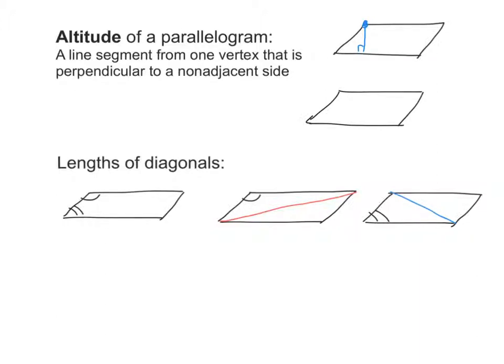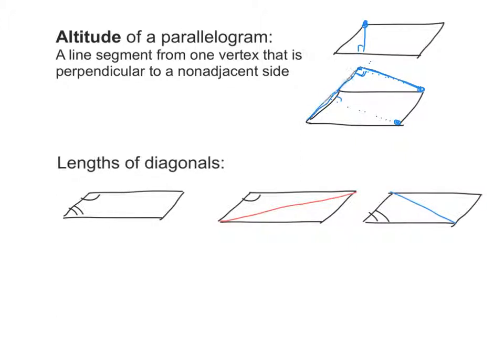It may or may not be inside the parallelogram. So from here, if this is my vertex, I can drop it straight down here, so it makes a right angle. Or I can extend this side out and drop it straight down from this vertex where it forms a right angle.